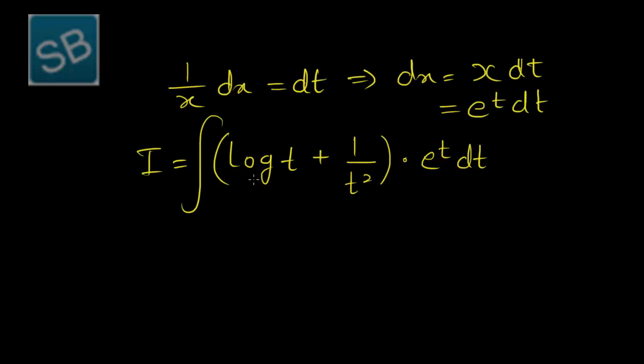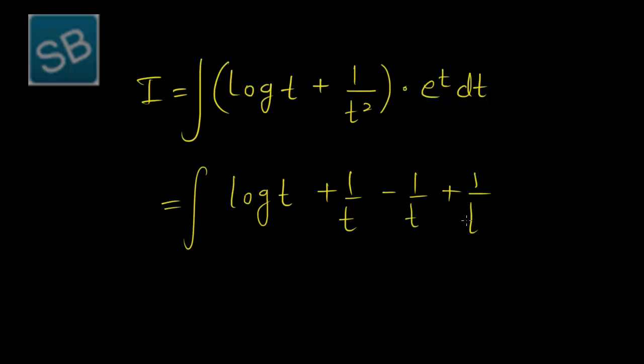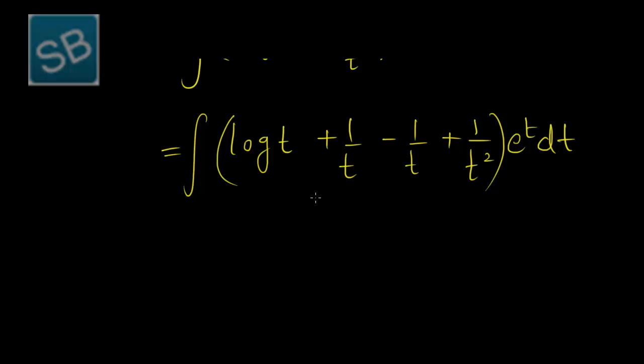If you see, derivative of log t is 1 by t and derivative of 1 by t is minus 1 by t square. So, to make it easy, we add 1 by t and subtract 1 by t to get the answer very easily. Otherwise, another method is integration by parts. You can also get the answer by using this. So this is a tricky way.